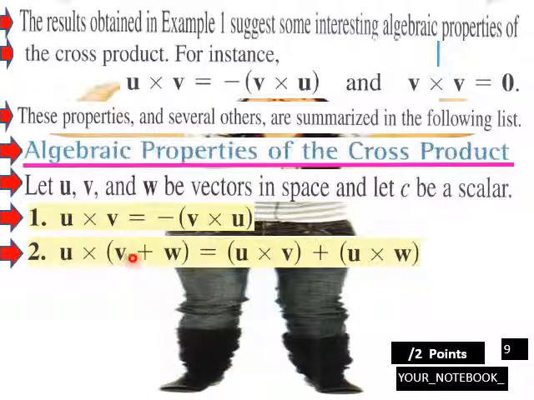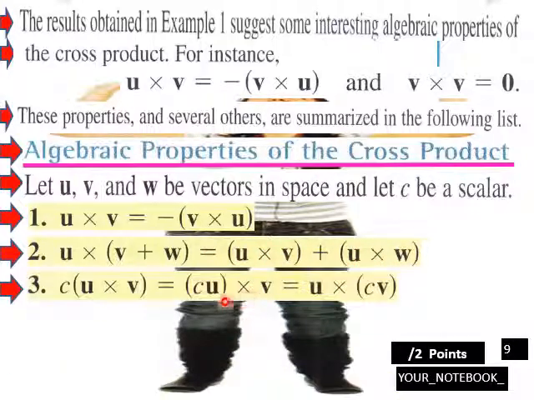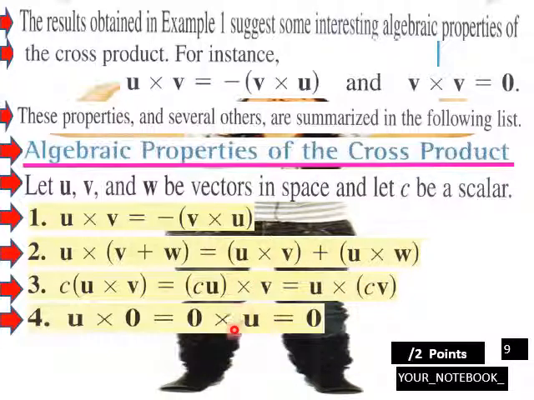Second, u times the quantity v plus w will equal u times v plus u times w. Third, c times u times v equals cu times v, which equals u times cv. So these are equal quantities here.